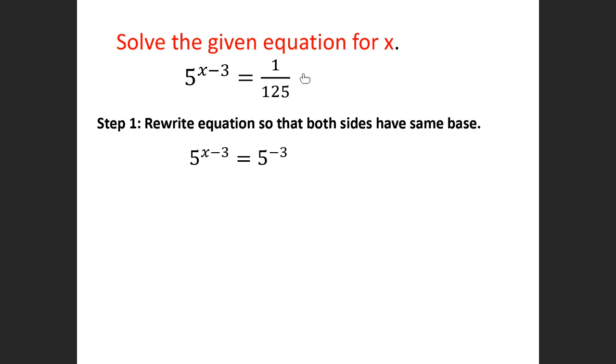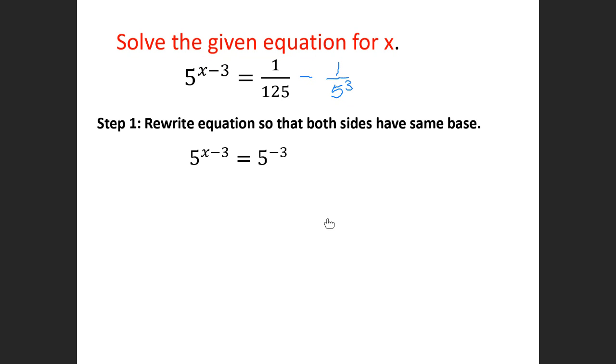I first converted my 125 into an exponent form. I have 5 cubed, right? So 5 cubed is going to give me 125. 5 times 5 is 25, and 25 times 5 is 125. Then I use my exponent laws to move my base up. It's going to give me 5 to the negative 3. Yes? So now I can apply my one-to-one property.